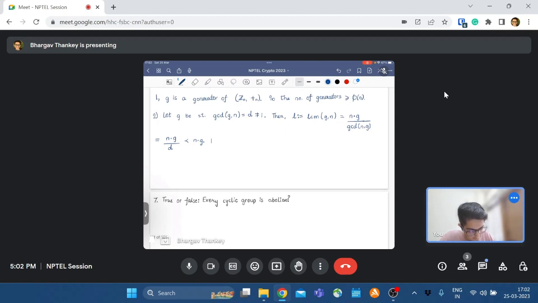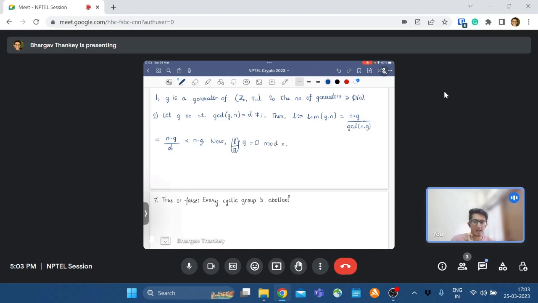Now notice that L over G times G is equal to 0 mod N. Why?